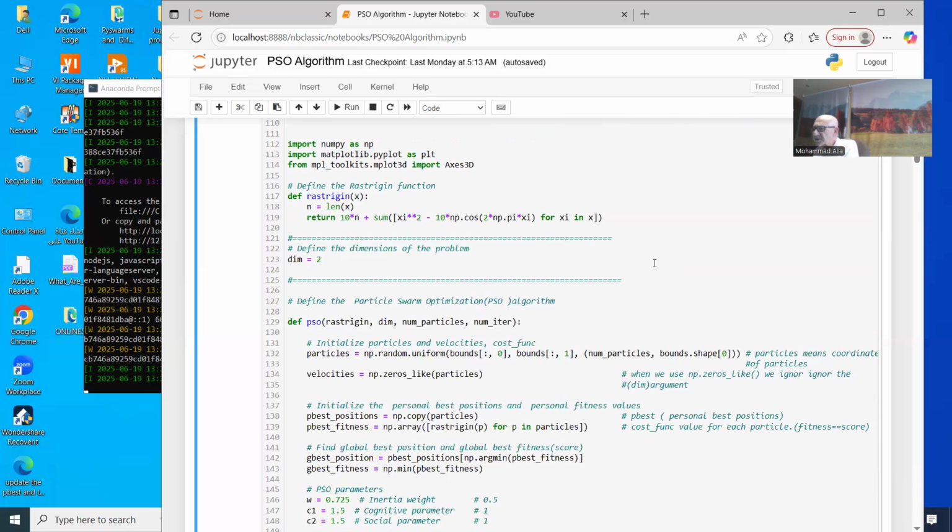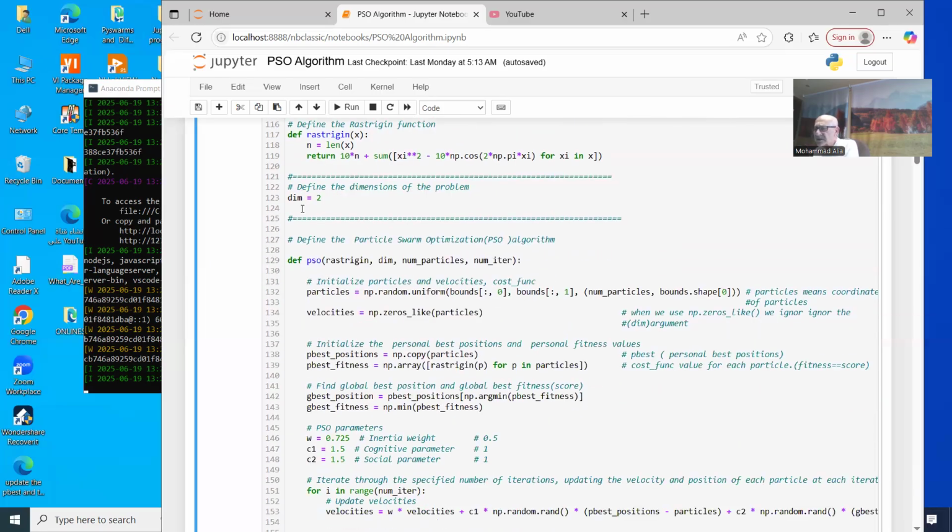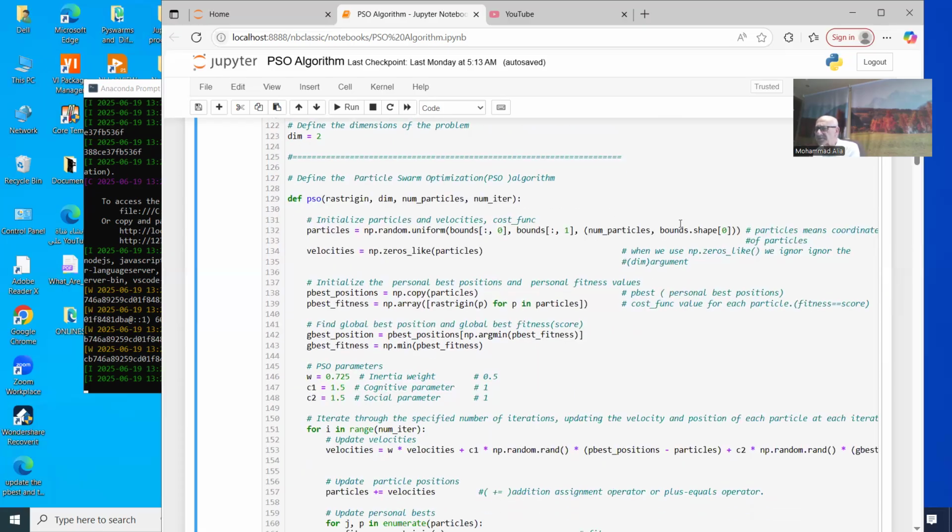We consider that this function has two variables, x1 and x2, or x and y. So now we have defined the functions which may be necessary, and we have defined the global function with its dimensions. And now we want to work with the PSO algorithm.